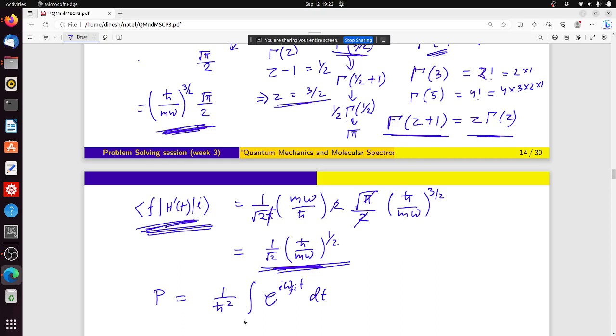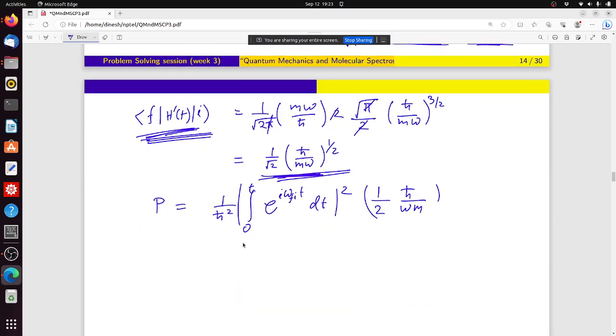Integral from 0 to t, mod square, and mod square of this will give me 1 over 2 h cross by m omega. Let me just do the integration first.